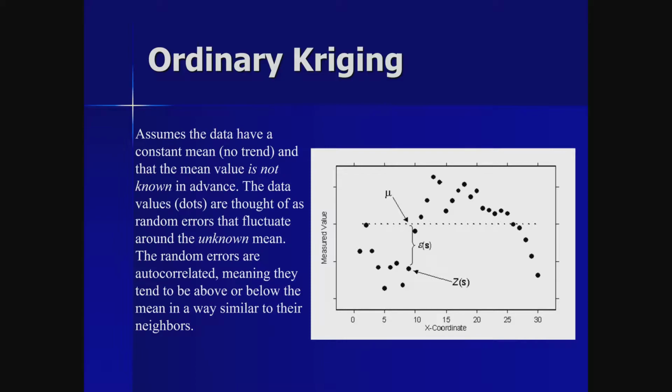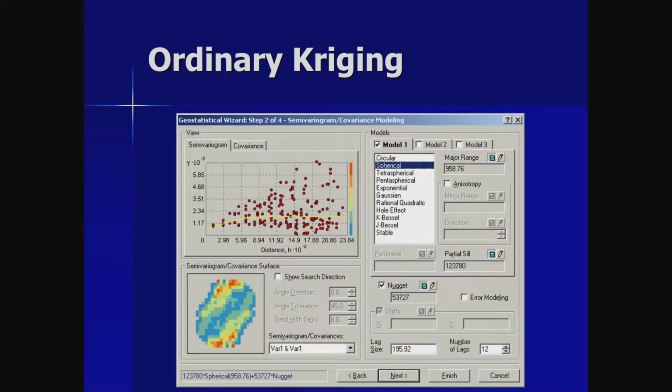Ordinary kriging actually assumes that there's not any trend in the data. So it's more like IDW, except you're allowing it to help you choose the search radius. That's how ordinary kriging works. So if you know there's not a trend in your data, or if you're unsure of the trend of the data, ordinary kriging is the one to choose for the process.